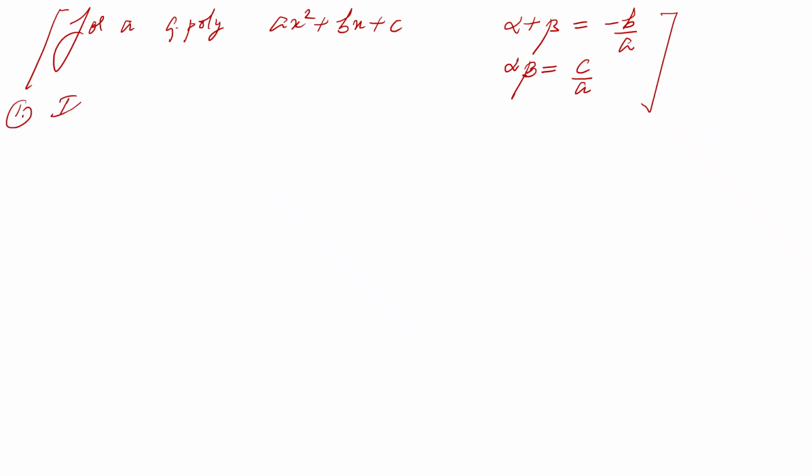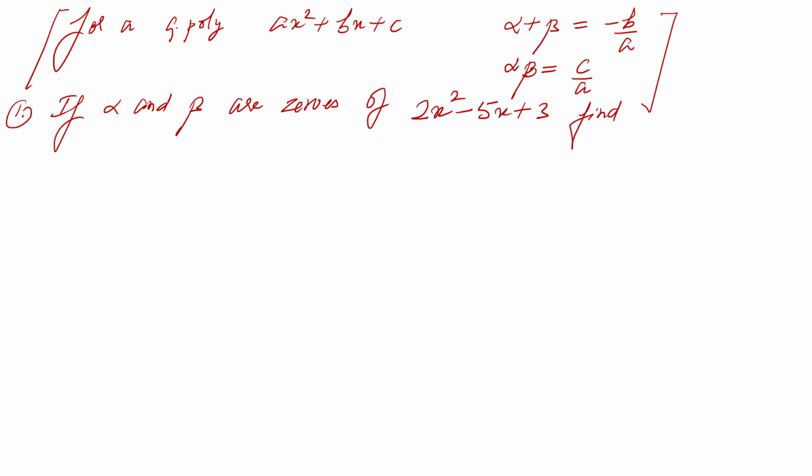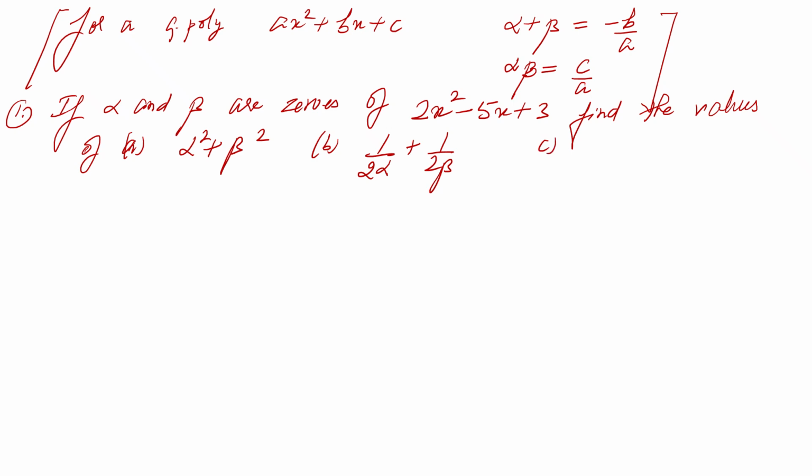Let's say if alpha and beta are zeros of polynomial 2x square minus 5x plus 3, find the values of: A, alpha square plus beta square; B, 1 over 2 alpha plus 1 over 2 beta; and C part, alpha by beta plus beta by alpha, right?